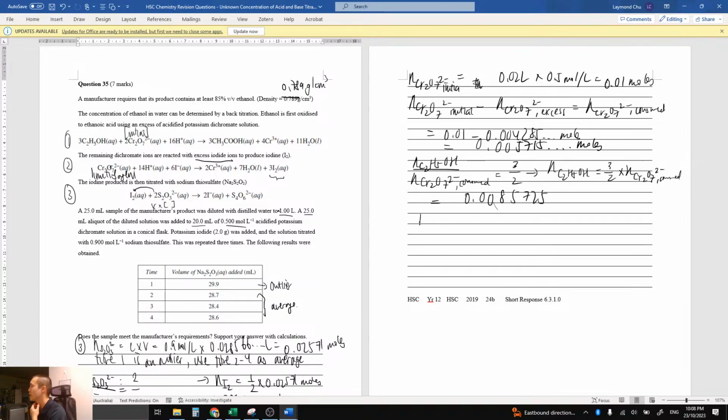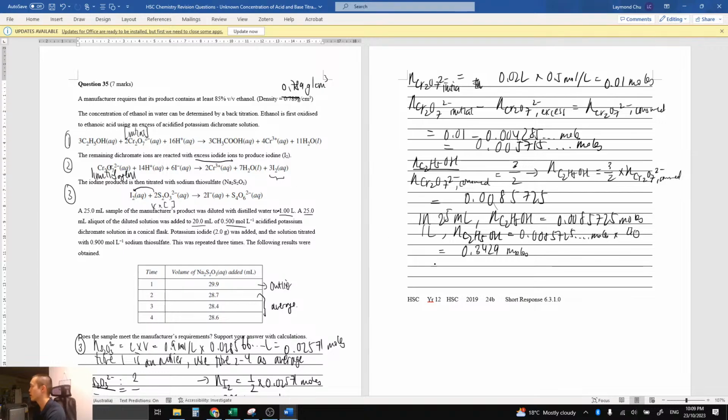So if we say in 25 mils the moles of C2H5OH is equal to that, then in 1 liter, n of C2H5OH is equal to 40 times this, because we are raising that volume. What is that moles equal to? 0.3429 moles. Yep.